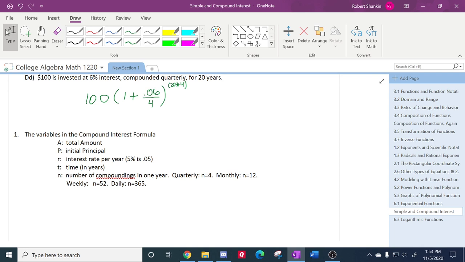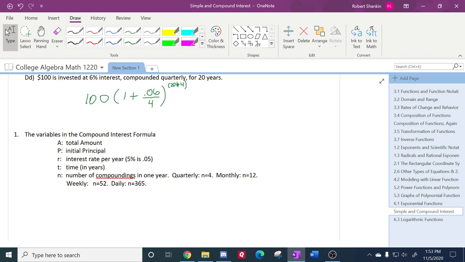So if it was 5%, you wouldn't write it as 5%, you'd write it as 0.05. The time is T, and it's in years. And very important, this new variable, N, is the number of compoundings in 1 year.